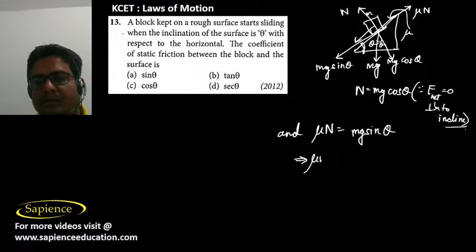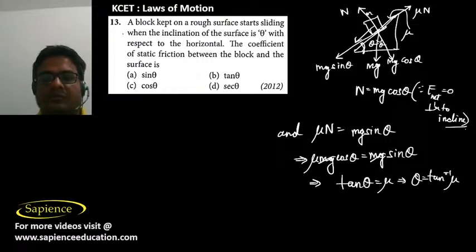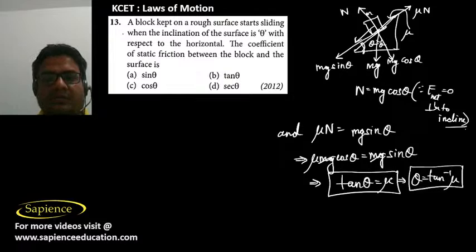Therefore mu into mg cos theta should be equal to mg sin theta. mg and mg will cancel out, then tan theta will be equal to mu. So theta will be equal to tan inverse mu. So mu will be equal to tan theta, which means the coefficient of static friction between the block and the surface will be equal to tan theta. So option B is the correct answer.